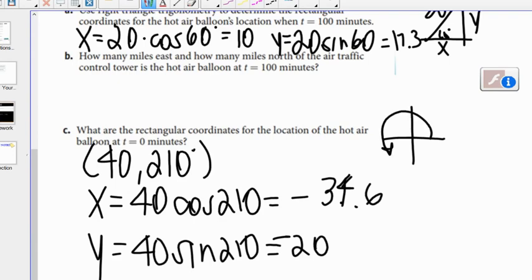So it makes sense that our two values were negative, because we went to the left and down for that quadrant 3 value, even on the polar grid. So the negatives will tell you what quadrant you're in versus the polars.